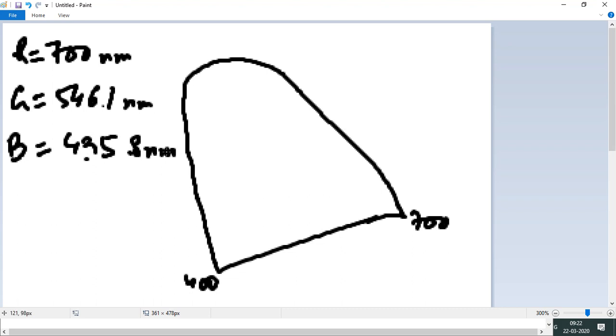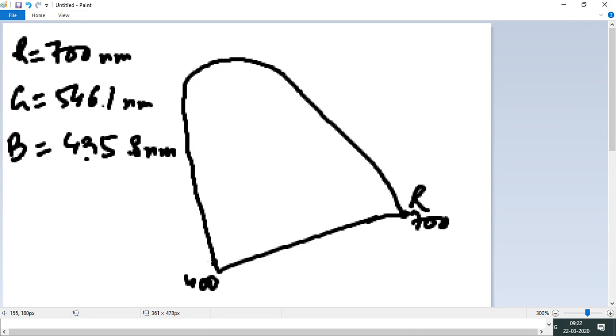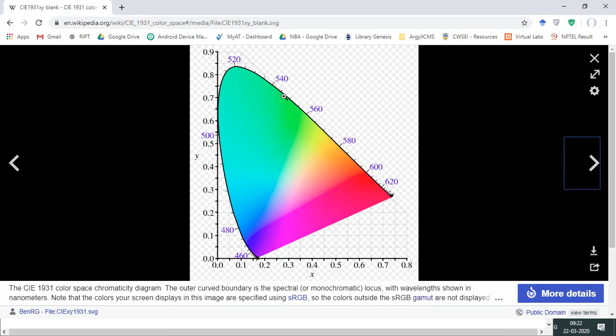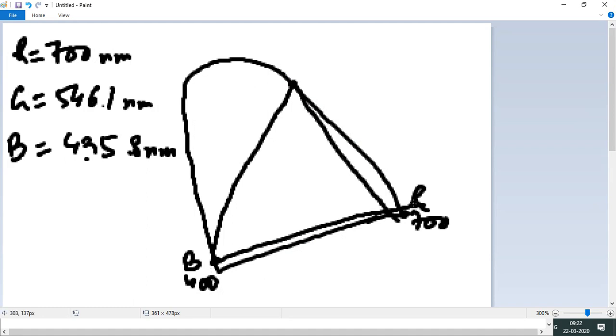Now 700 is this one, so this will be the red color. Where is 435? Somewhere over here, this will be the blue color, and for green, 546 is over here. So just join these points. Tell me, what is this? This is nothing but the RGB unit plane, which I already showed you.